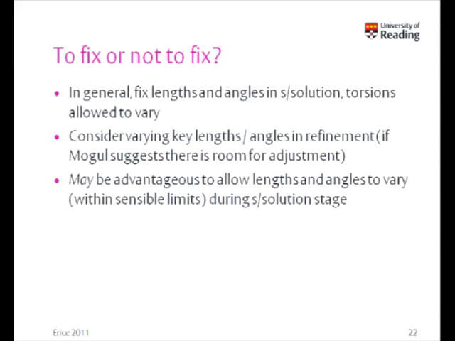We may allow these bond lengths to vary, ideally subject to some limitations. And several people have shown that it can be advantageous to allow bond lengths and angles to vary during structure solution as well. It sometimes helps the speed of convergence of the structure determination.